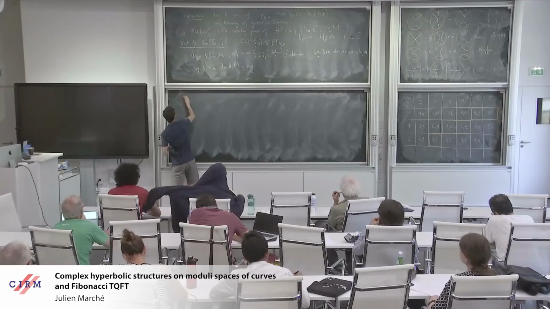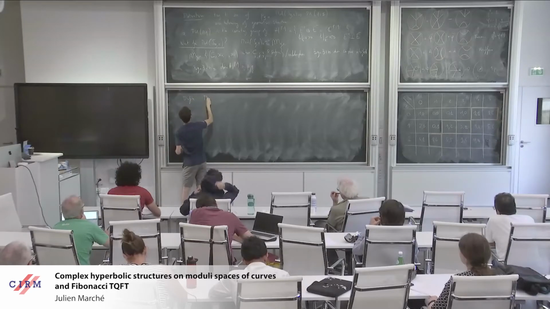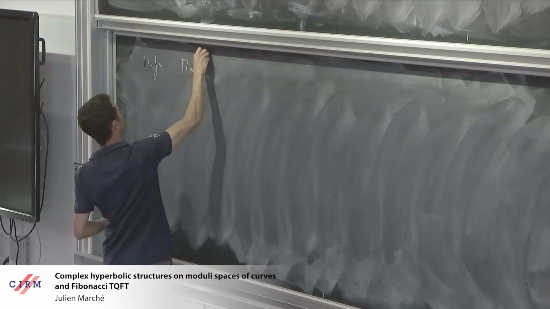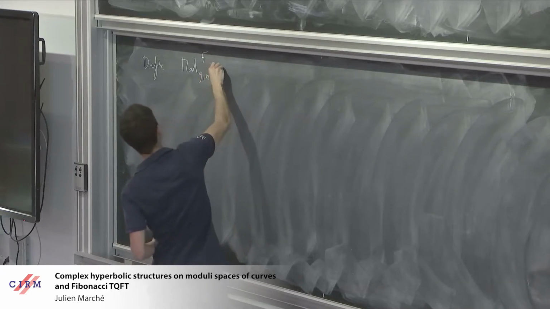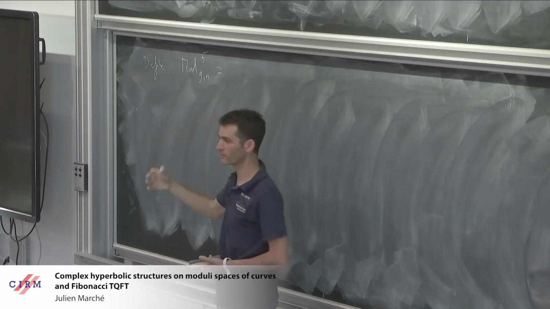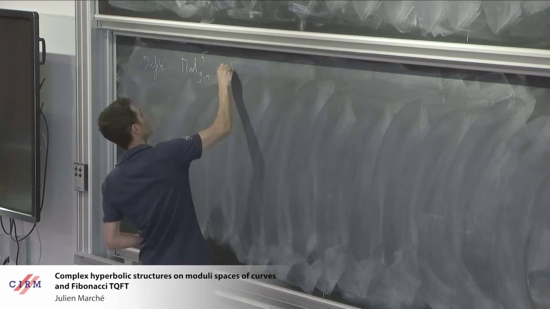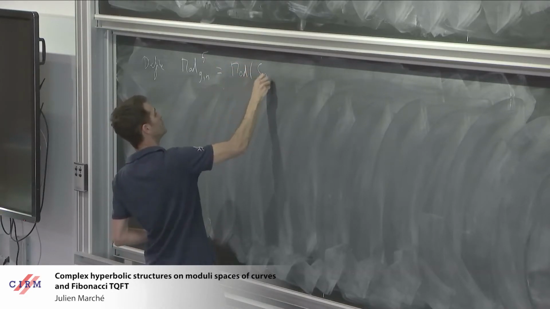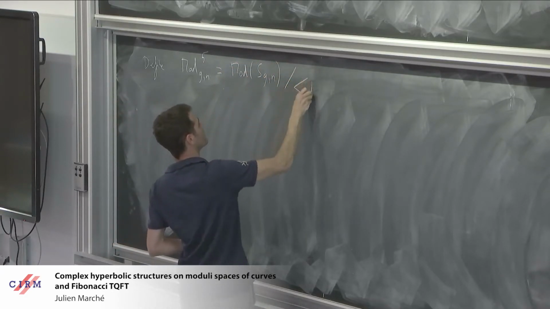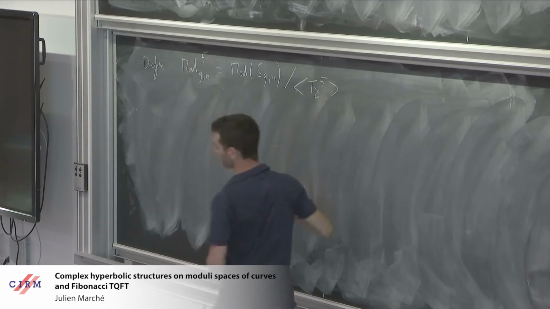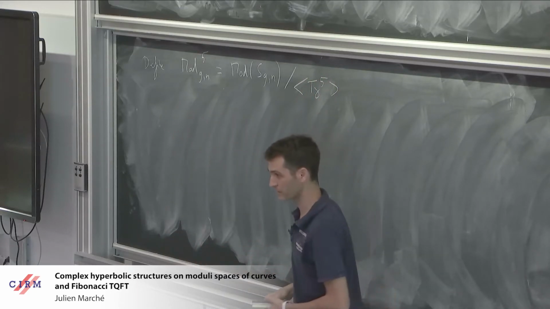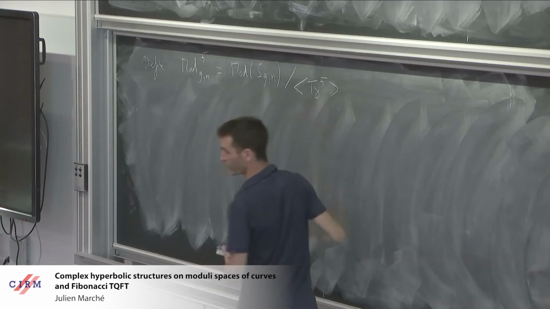So first we define Mod_{g,n}^5. I put a 5 here, and 5 means that I kill all fifth powers of all Dehn twists. So it's a quotient of Mod(Σ_{g,n}) by the group generated by the fifth powers of all Dehn twists, for all gammas.